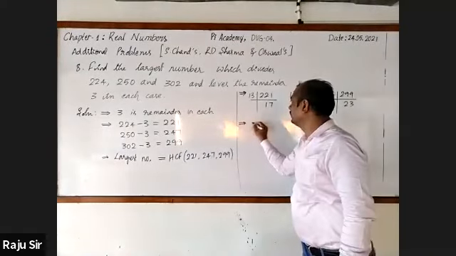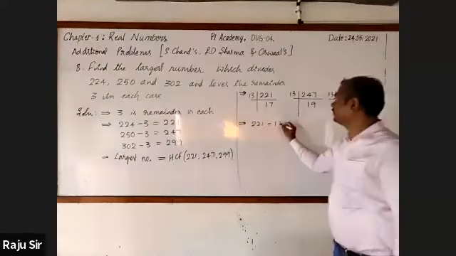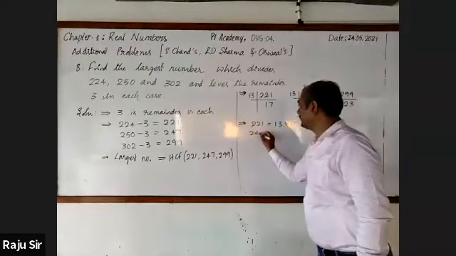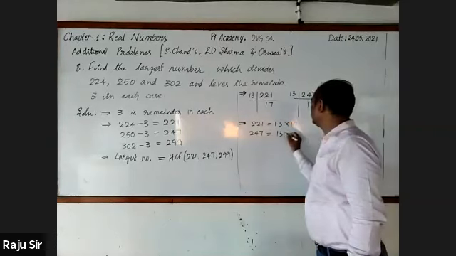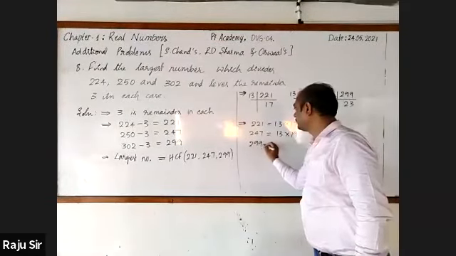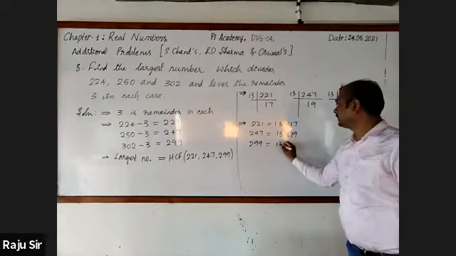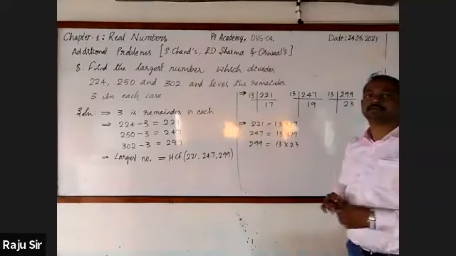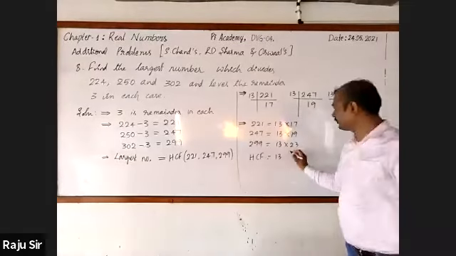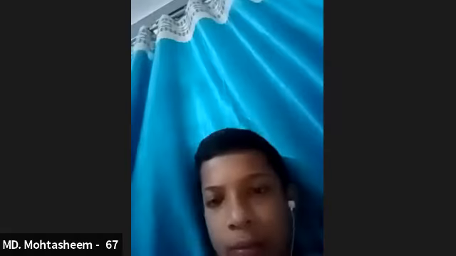Now you write: 221 is equal to 13 into 17. 247 is equal to 13 into 19. 299 is equal to 13 into 23. The common factor is 13, least power is 1, therefore HCF is 13.